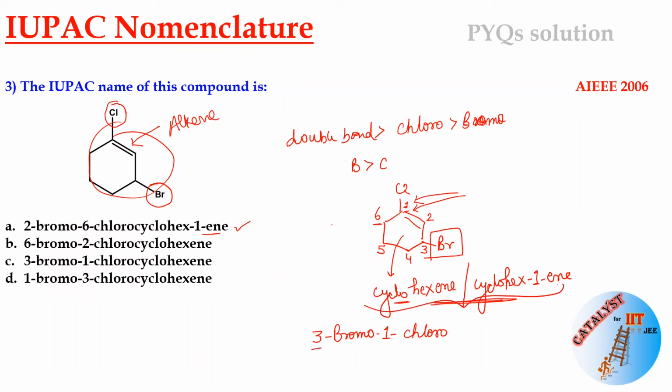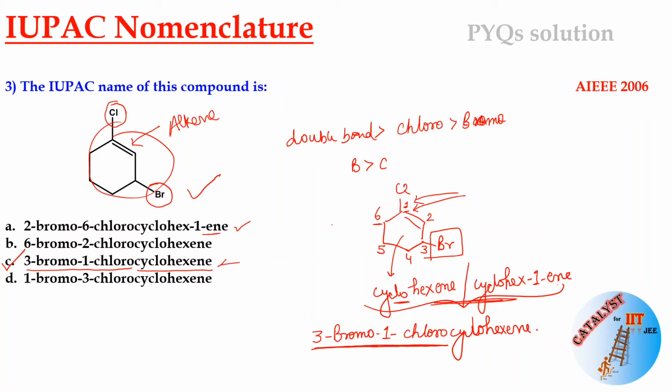Now we have to find out in which option this combination is given: 3-bromo and 1-chloro. Here 1 is not given, so you can write cyclohexene. Now the correct IUPAC name for this molecule is option 3, 3-bromo-1-chlorocyclohexane, cyclohexane, sorry.